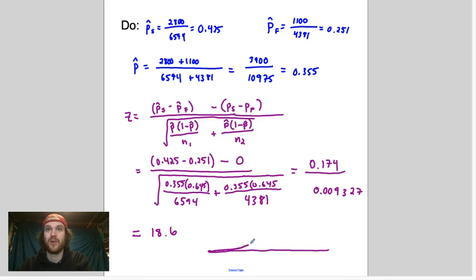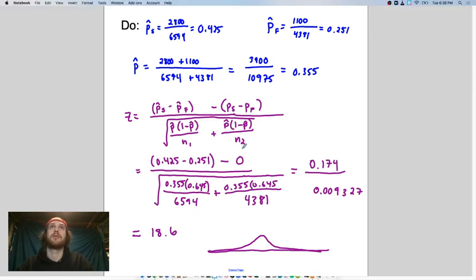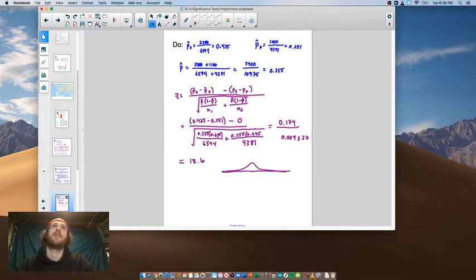Let's say this is the curve. You have to go out 18 standard deviations in either direction to get a difference this big or more extreme, which happens seldom, practically never.